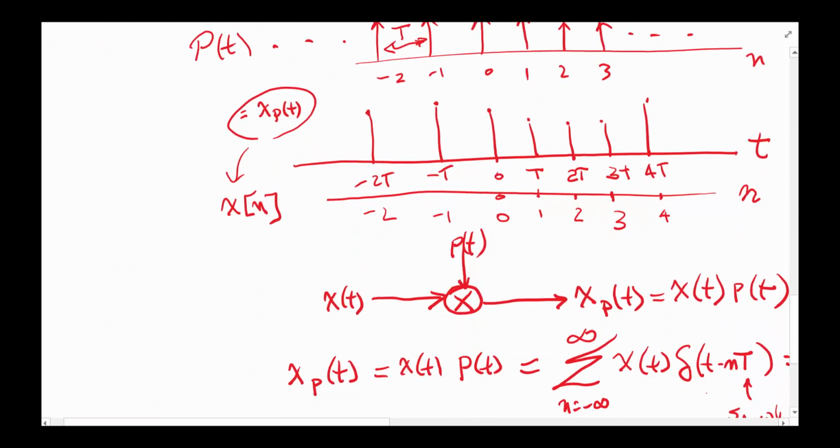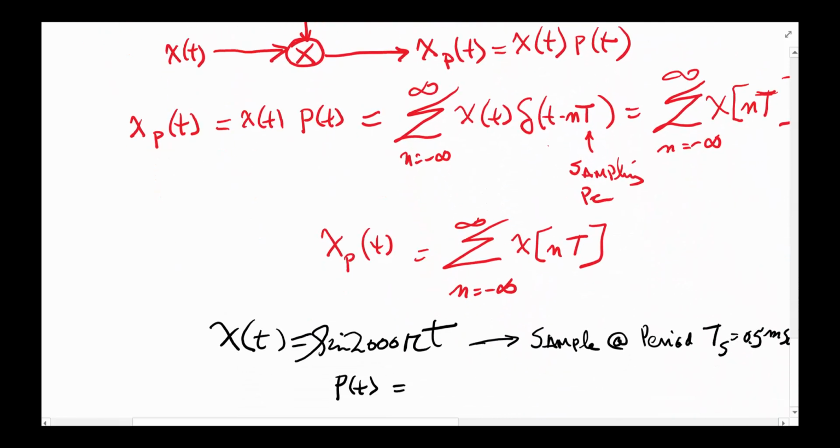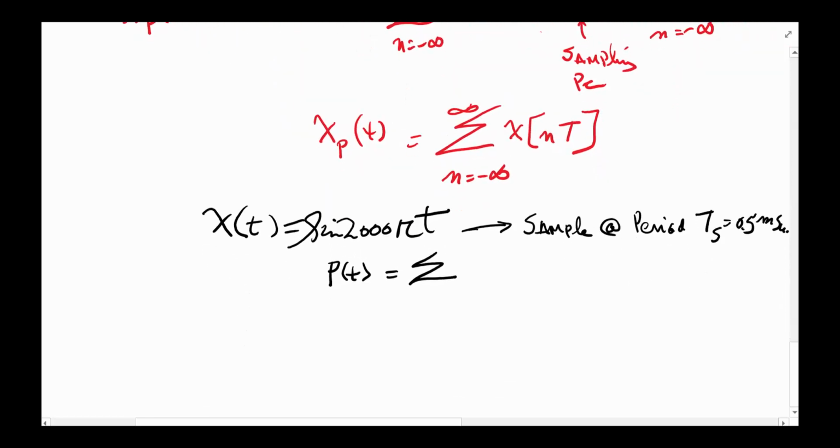If you remember up there, p of t is going to be the summation of n going from whatever we start sampling to whatever we stop sampling of delta t minus nt, which in this case would be n over 2, times 10 to the minus 3 because it's in milliseconds, right? So this piece is our T. All right, so now we have our p of t.